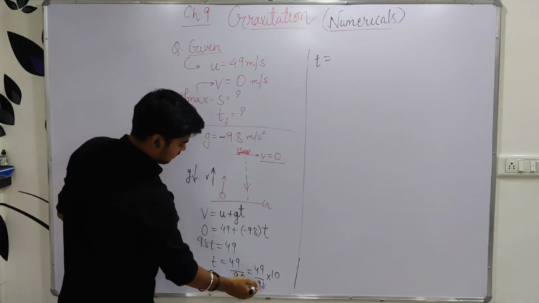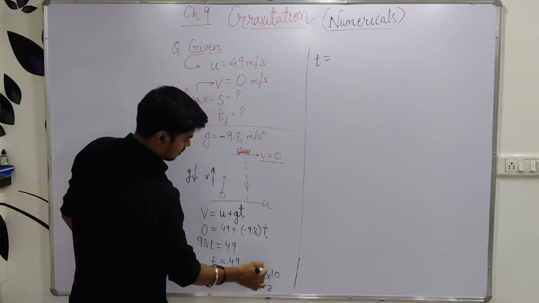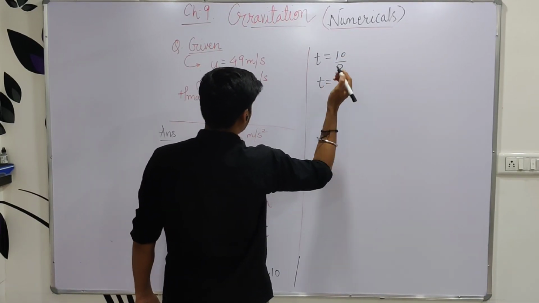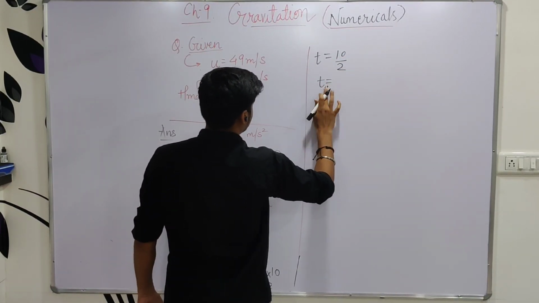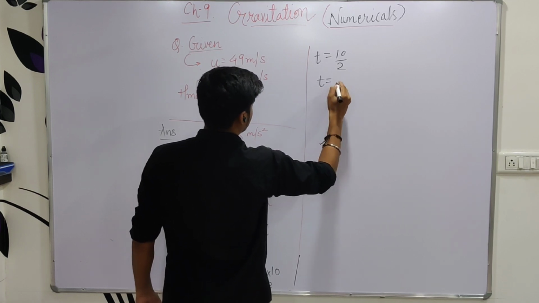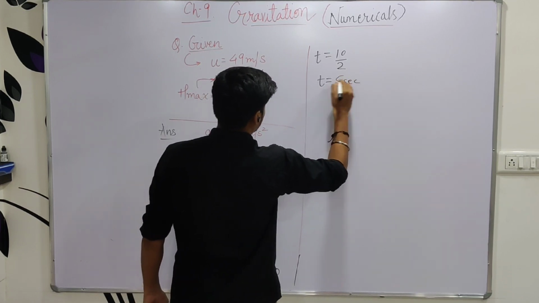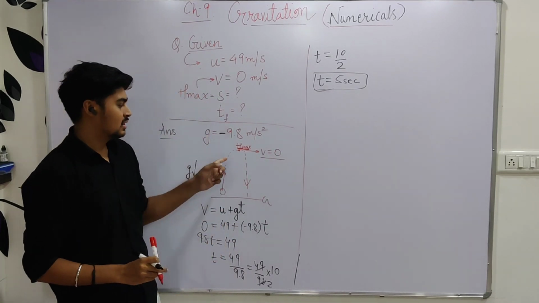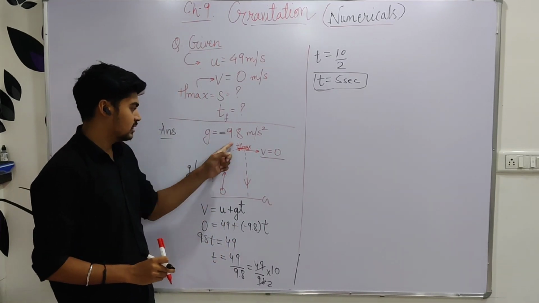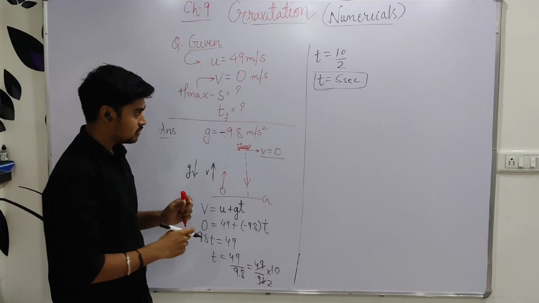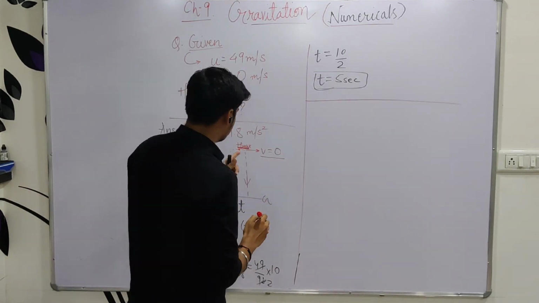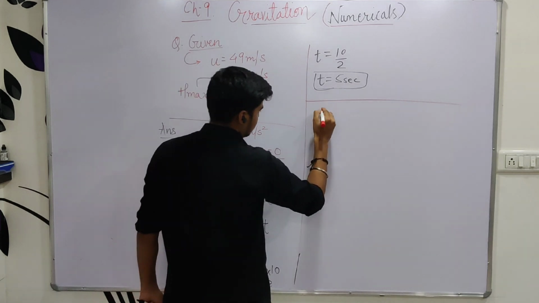Okay, 49 2s are 98, so I will get t as 10 by 2, meaning the time to reach the maximum height is 5 seconds. Okay, this is the time to reach the maximum height. Remember, it's not the time that the ball takes from here to here and here to here. This time will be useful for calculating displacement.